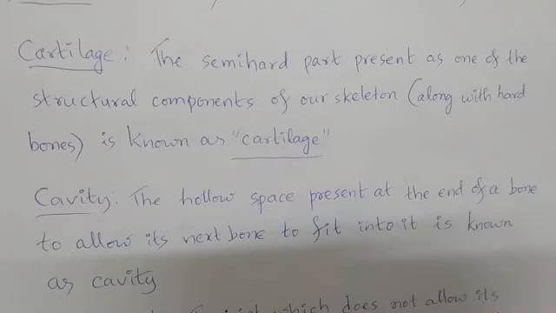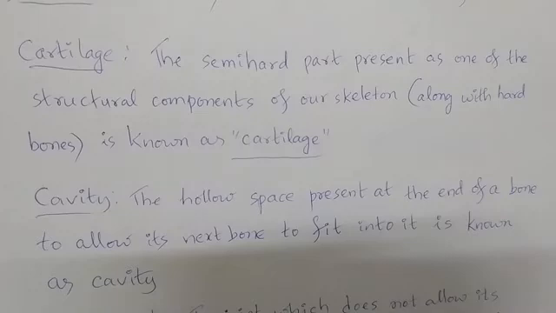Bone is very hard and cannot be bent, whereas cartilage is semi-hard, not completely hard, and it can be bent, right? The semi-hard part present along with the hard bones is known as cartilage.